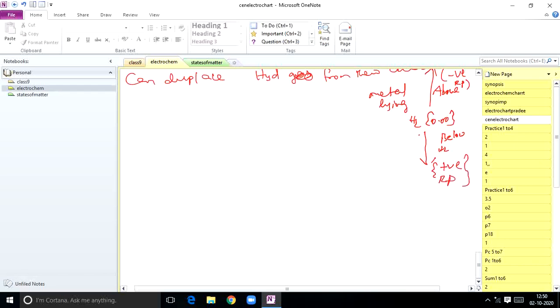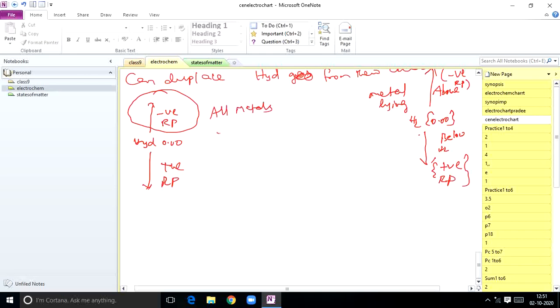Now the point is, all metals lying above hydrogen in the electrochemical series, which possess negative RP values, with hydrogen at 0 and those below possessing positive reduction potential values, react with acid to liberate hydrogen gas. So what is the statement?